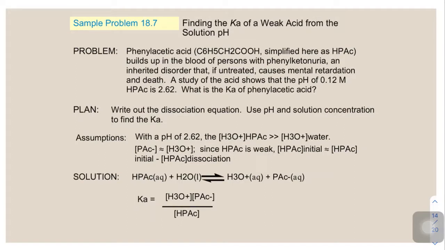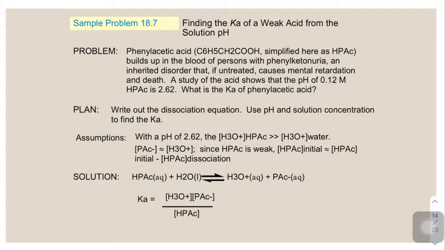So let's look at sample problem 18.7. The question asks us to find the Ka value from the pH that is given. The pH is 2.62 and the concentration is 0.12 molar. This is phenylacetic acid.